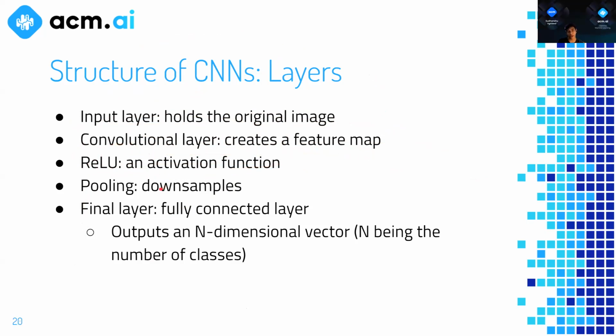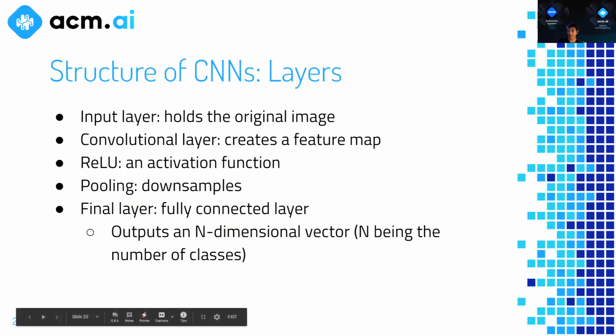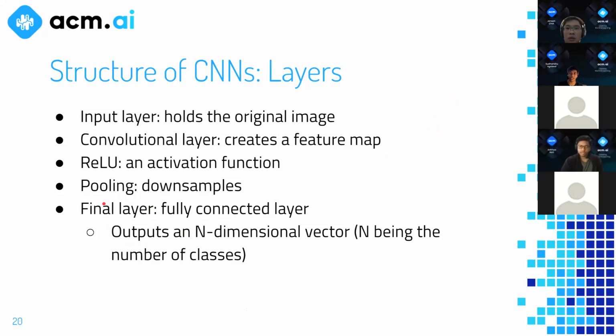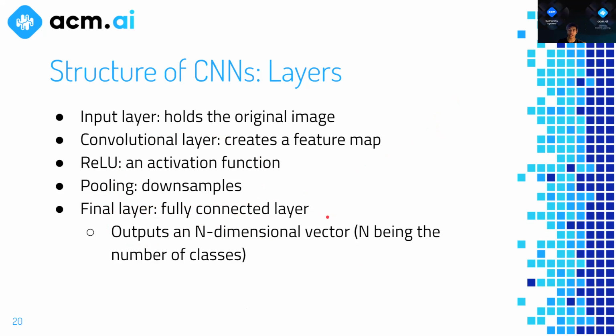Then we do some pooling, which reduces the dimensionality and makes sure we don't run out of memory, because there's a lot of information in images. And finally, we go to a fully connected layer, which is essentially a dense neural network, which is the stuff we covered during our last workshop as well.